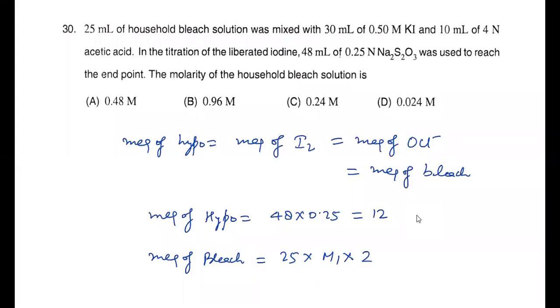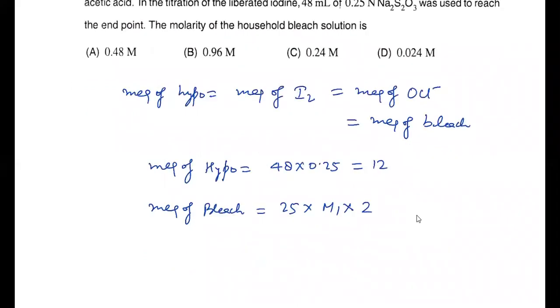Because bleach will be used as an oxidizing agent, it will change its oxidation state from +1 to -1. The conversion is OCl minus to Cl minus. The oxidation state changes from +1 to -1, so the N factor is 2, which we have used here.